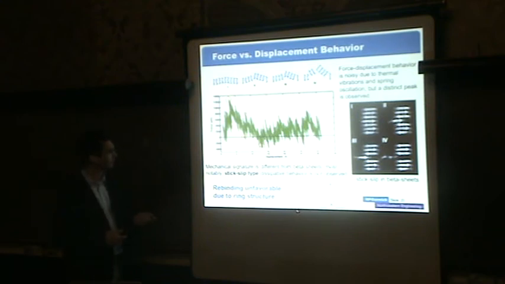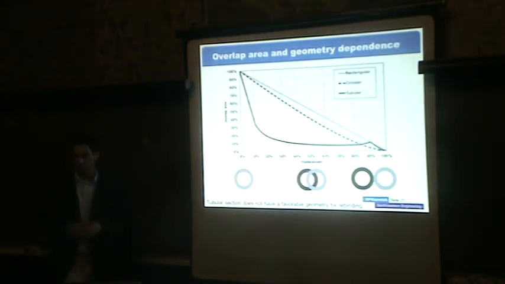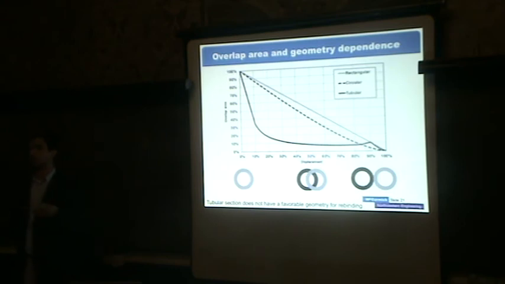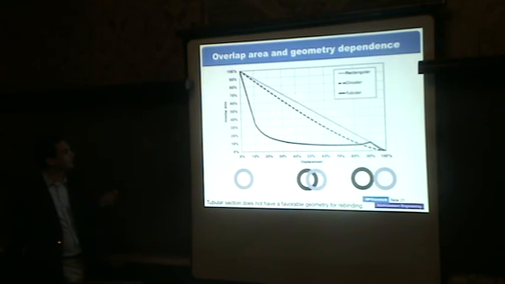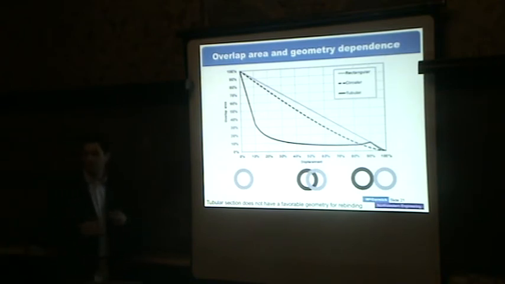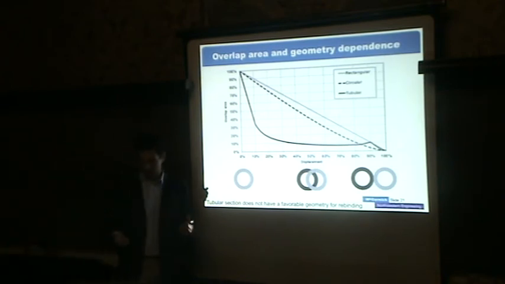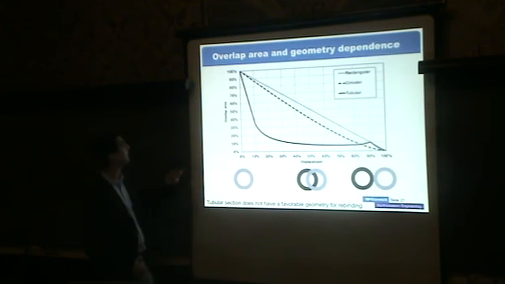So if rebinding is not favorable, then you're jumping to a state which is easier to break. And in the case of a tube, you can look at cross-sections of two different structures. The rectangular case of a crystal versus a tubular scenario. And in the case of tubular scenario, if you deform it just a little bit, it's much more likely to lose its rebinding capacity, because the overlap area diminishes very fast here, whereas it's much more gradual in the case of rectangular areas.